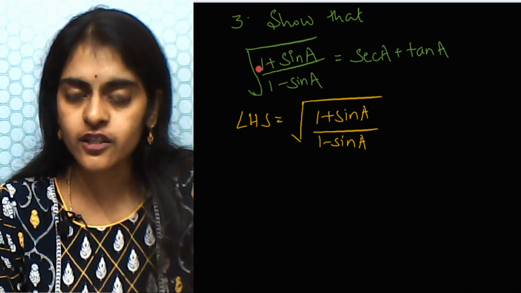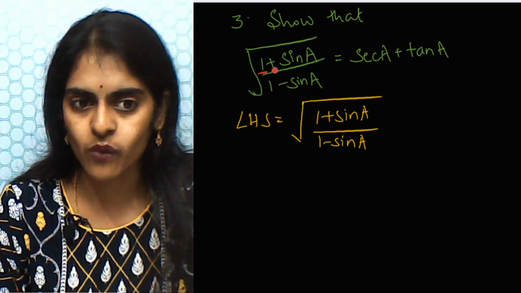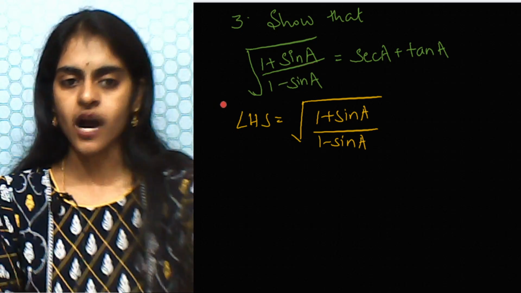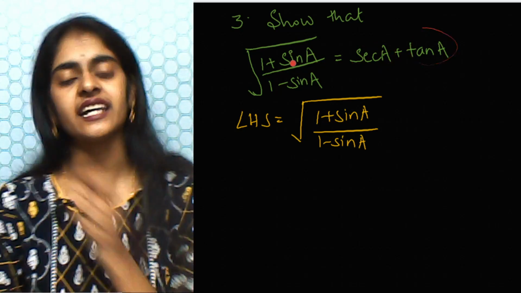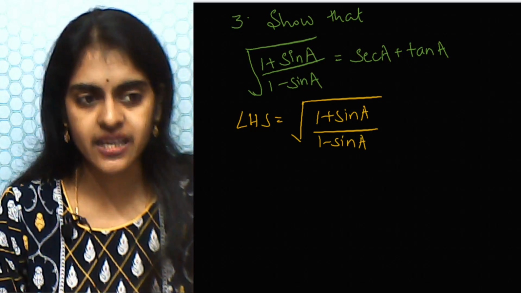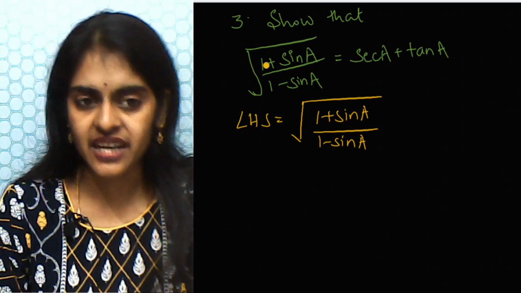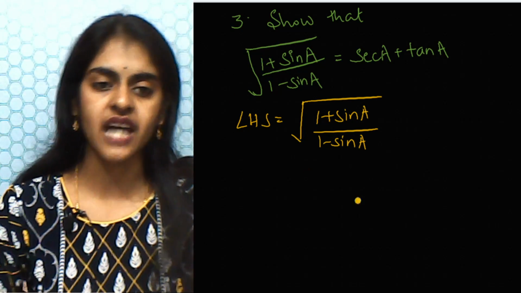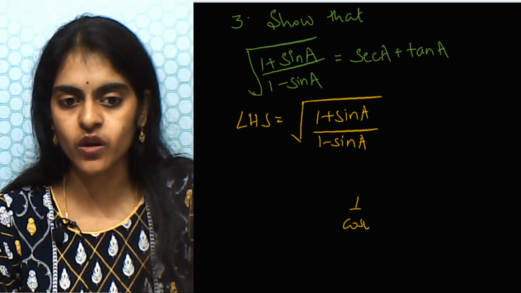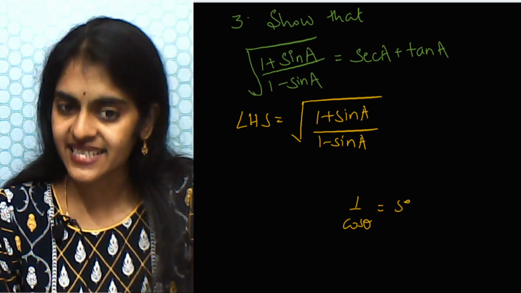Okay, and here you see what is there in the LHS. You have 1 and sin a. Now what should I do to get secant a and tan a here in the LHS? If you carefully observe, if I divide the entire numerator by cos theta, because I know 1 by cos theta is secant theta.